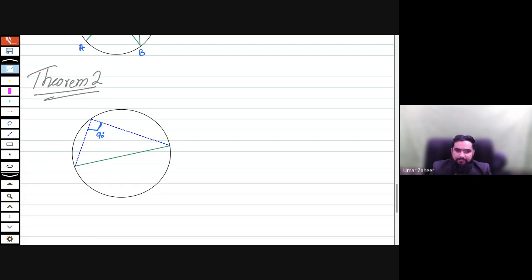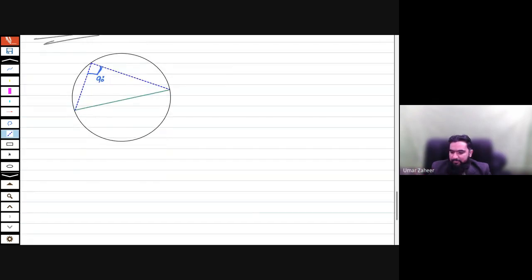That always means the subtended angle from the diameter on the circumference is always 90 degrees. It doesn't matter where you are making it from. For example, I'm going to make another circle. It is a diameter. Let's say I make a different one. I'm going to make this one here.